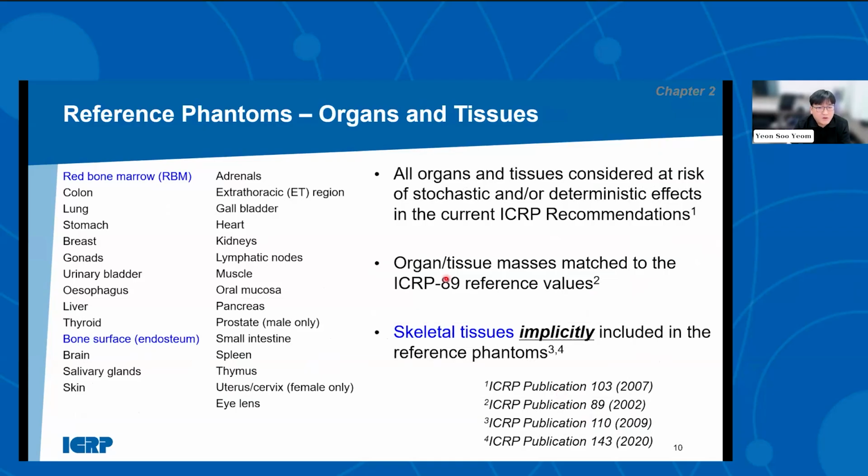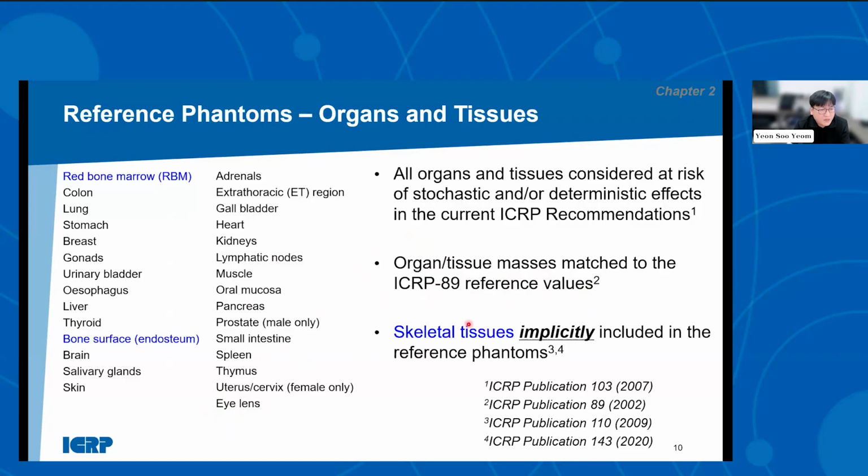And importantly, the reference phantoms include all organs and tissues considered at risk of stochastic and or deterministic effects in the current ICRP recommendations. In other words, these phantoms include all the organs and tissues required for effective dose calculation and also the lens dose calculation. And the mass of all these organs and tissues is also again matched to the ICRP reference data.